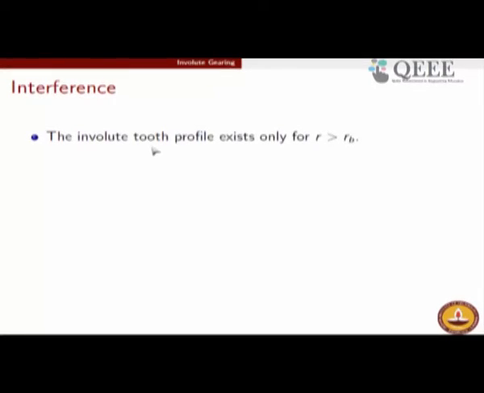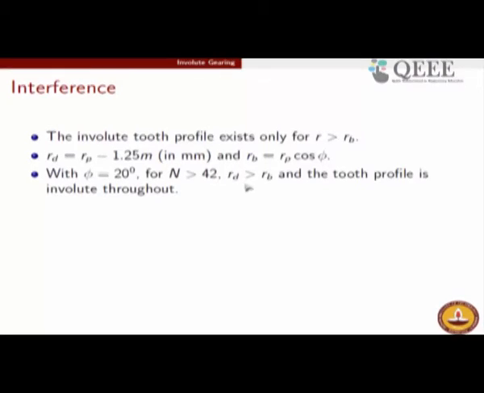Okay, so as I said, the involute tooth profile extends only in the radial region which is exterior to the base circle, and the dedendum circle radius is given by this formula as per standards. So we know that the base circle is pitch circle times cos phi. It turns out that if the number of teeth is 42 or more for a 20-degree pressure angle, the dedendum circle is always greater than the base circle, which means that the gear tooth has ended before the base circle, right.